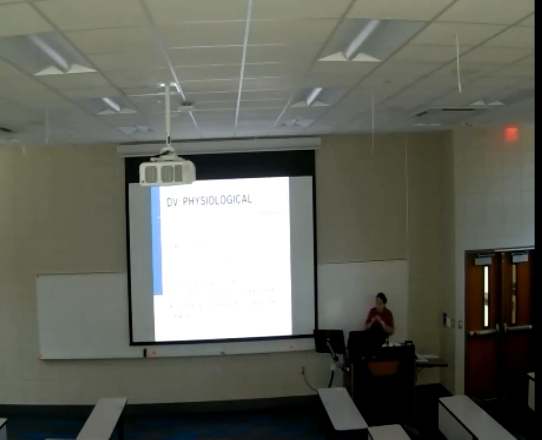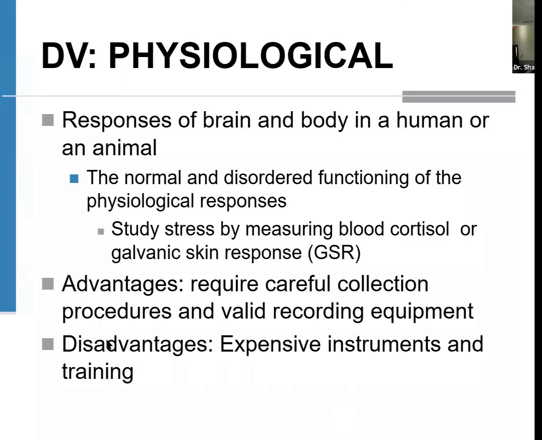Another way would be, say, for example, the amount of cortisol in your blood. And as we know, cortisol is related to stress level. Now, there are multiple advantages to this approach. The advantage is that it does require a very careful collection. It's a very careful procedure.